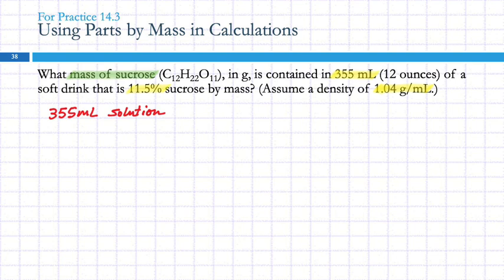And then they're telling us 11.5% sucrose. What does 11.5% mean? It means 11.5 per 100. This is mass, so 11.5 grams of the solute, sucrose, per 100 grams of the solution.